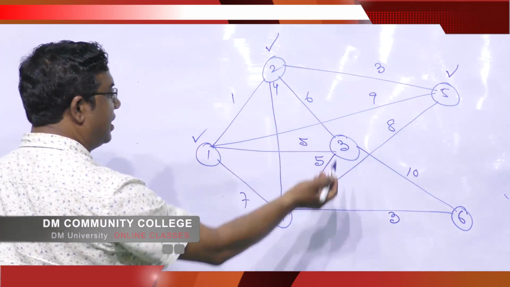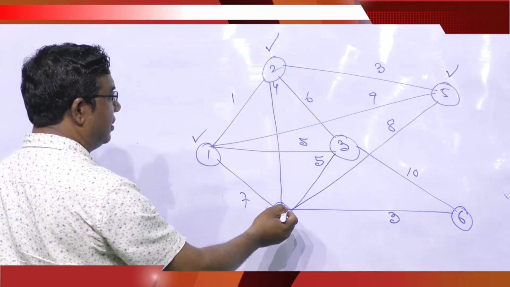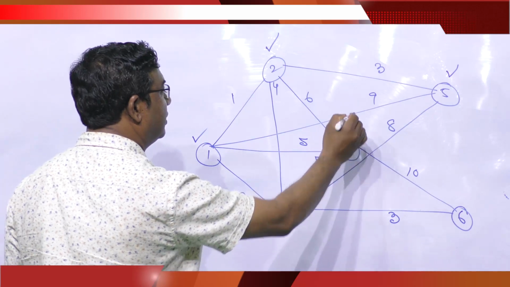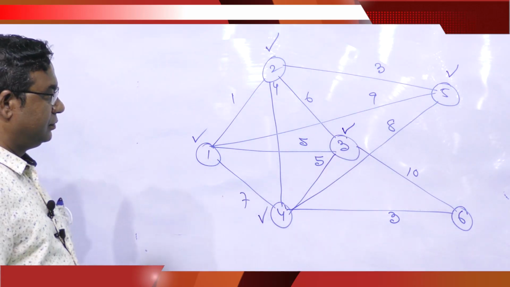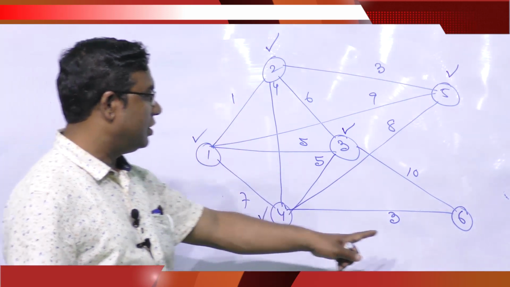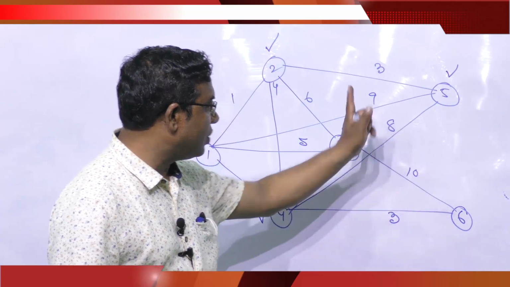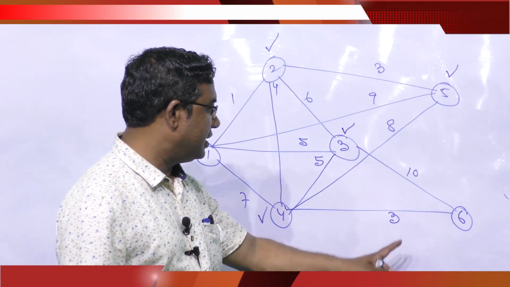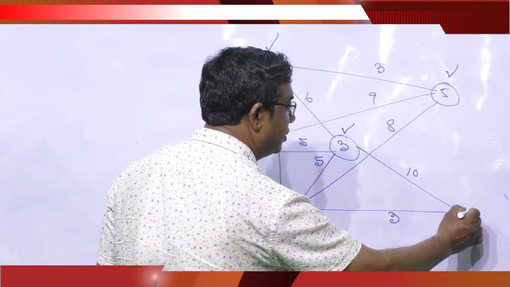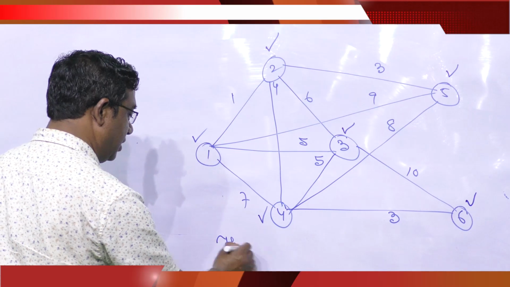Break the tie arbitrarily. So you connect 1, 3. Then the only remaining unconnected node is 6. So you choose the nearest one. Here is 10, here is 3. So it is better to connect this. You tick it.